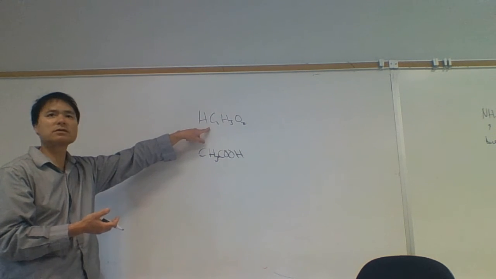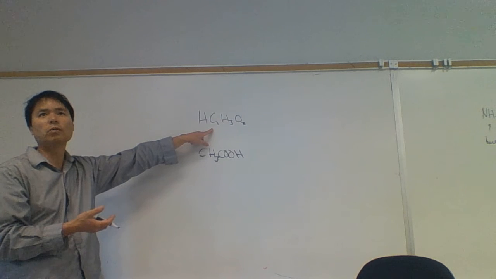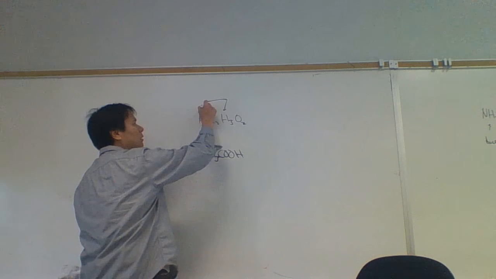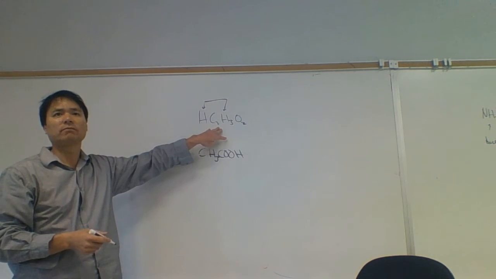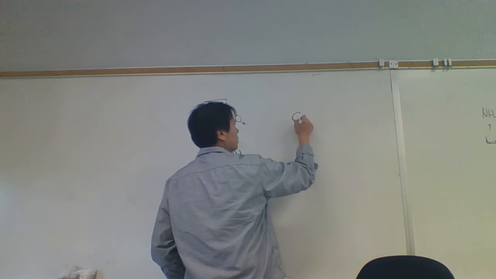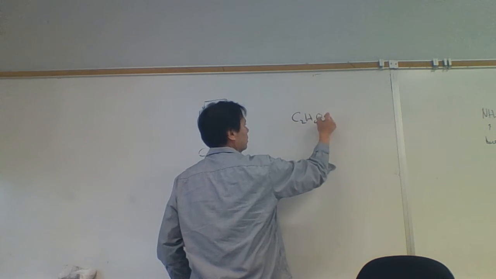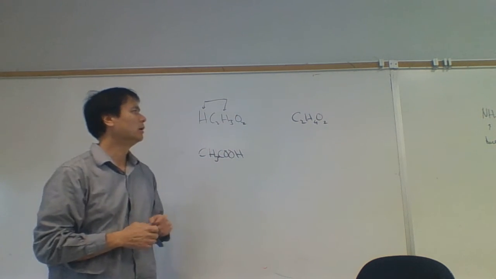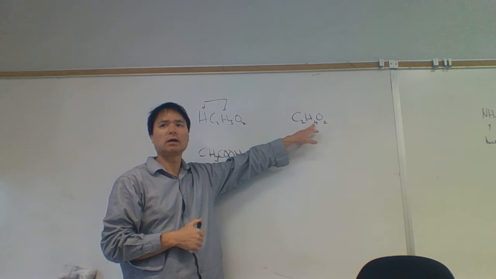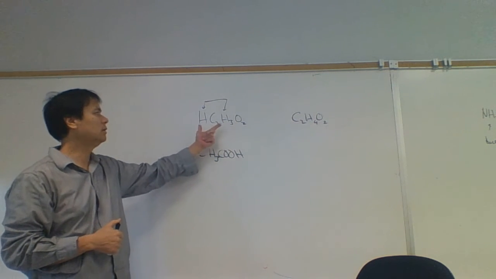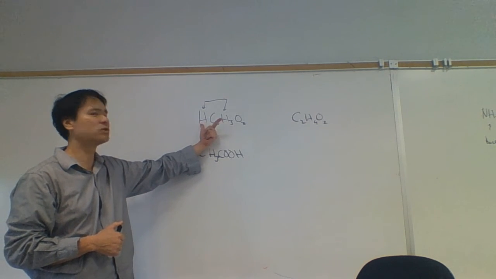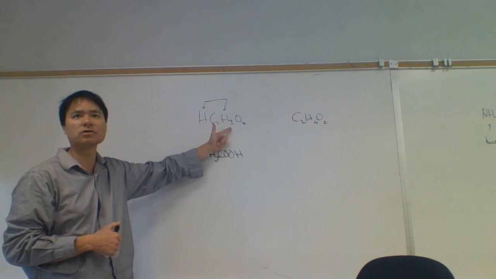So if you look at this, this tells us nothing about the structure. One thing it does tell us is that out of the 4 hydrogens, they aren't all the same. That's one thing it tells us because of the way it's written. If this were written as a true molecular formula, we'd combine all 4 hydrogens here, and then you have no clue. The difference is they're trying to separate this so that they are showing that this hydrogen's different than the other 3 hydrogens.